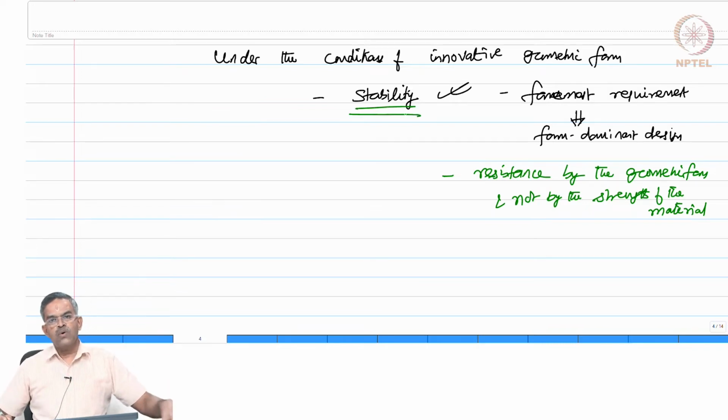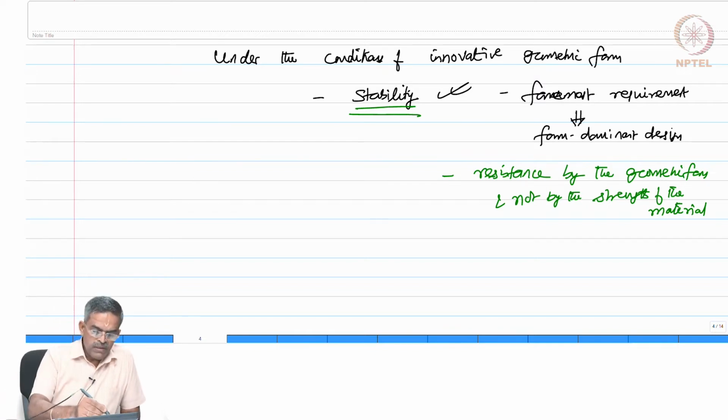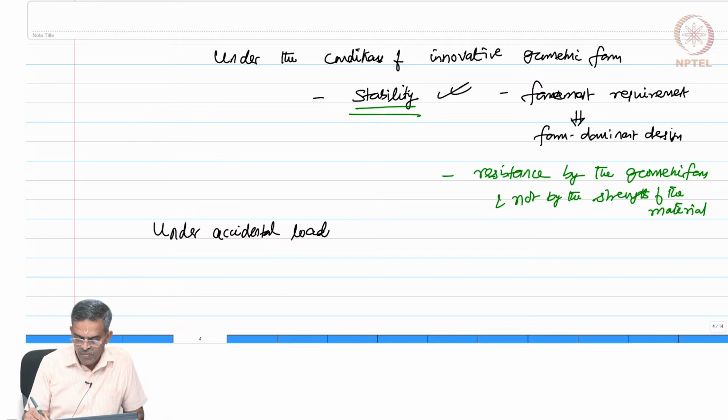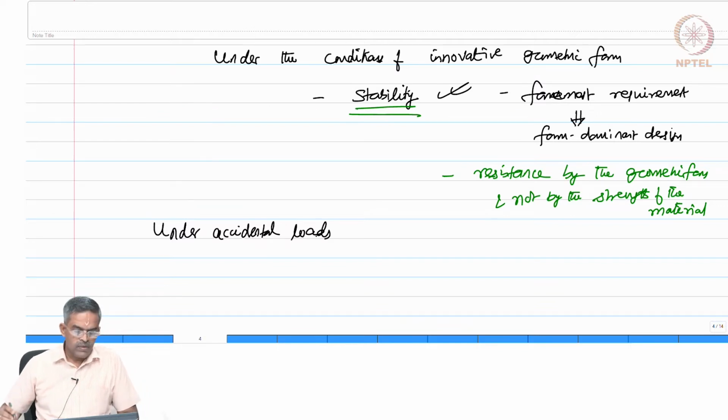So, in this course, we have to also discuss the stability of structural systems in much detail, in particular under accidental loads and fire loads.